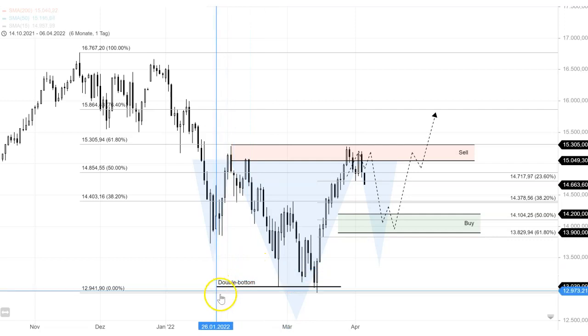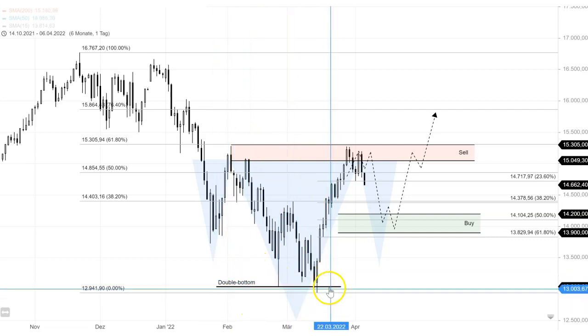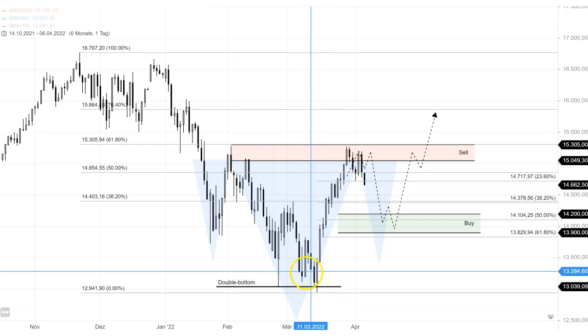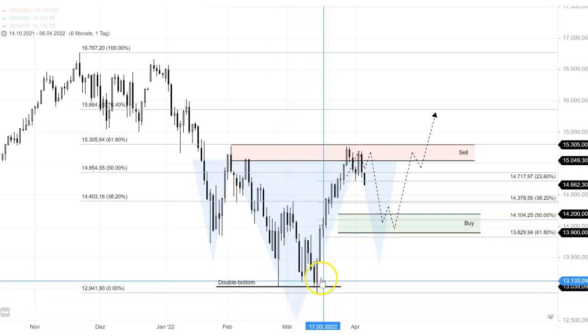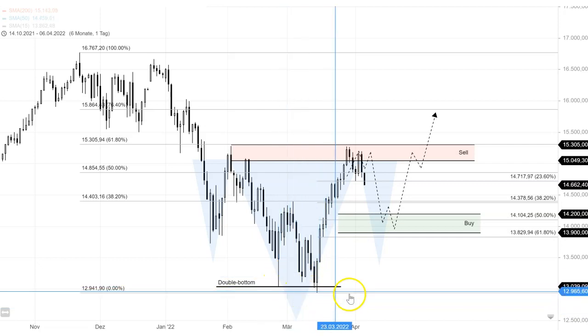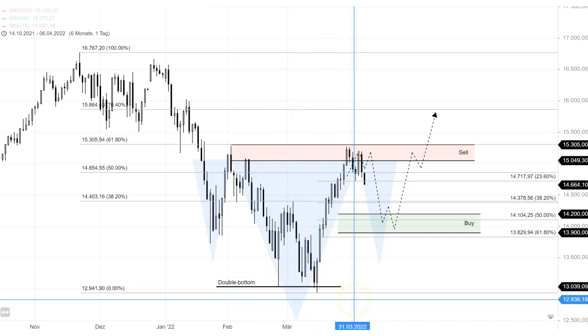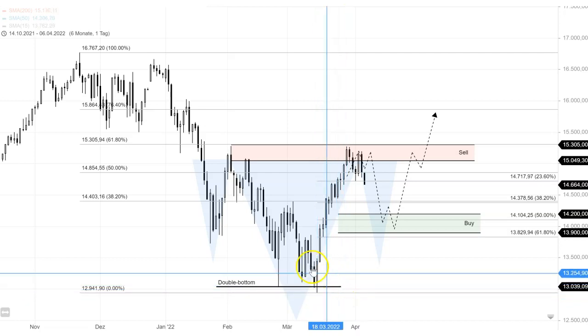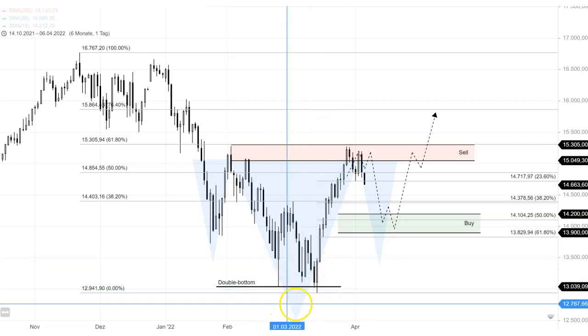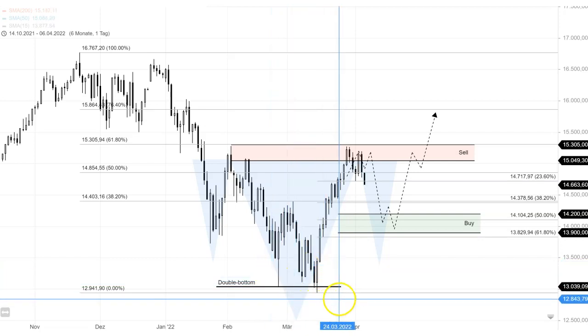So we have a divergence here at that low, and when that happens in between these two markets, that's in many cases a start of a new long-term cycle. We don't know if it's bearish or bullish yet, because every cycle starts off with a crazy rally. But what we know is because of that divergence, that bottom should last for a while.